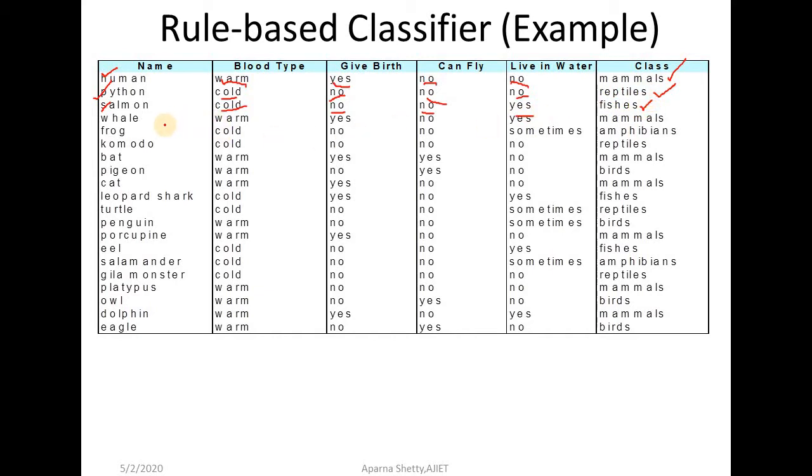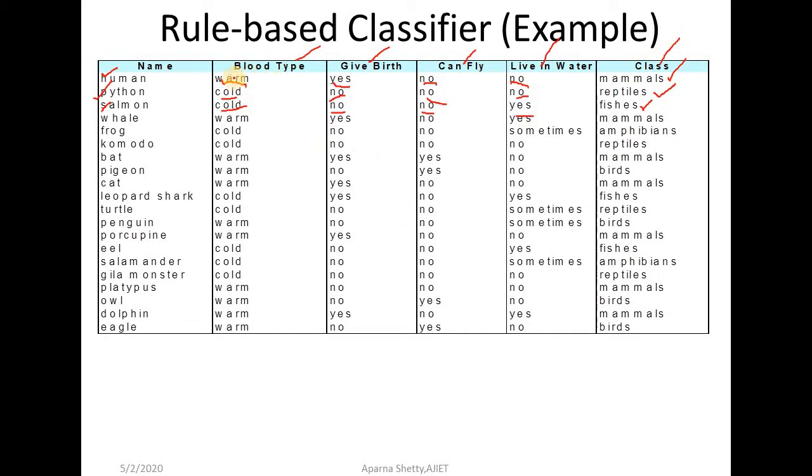Similarly, we can classify all the vertebrates in the data set into a given class. The last column indicates to which class the vertebrates belong. These are the attributes: blood type, gives birth, can fly, lives in water, and the last column is the class.